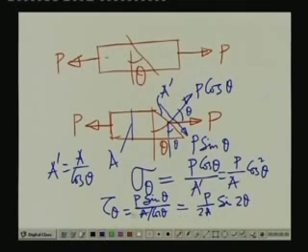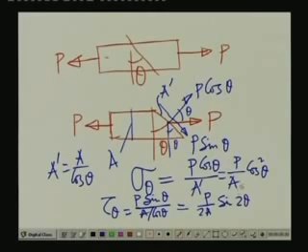So, the maximum value of sigma theta is when cos square theta equals 1, which leads to theta equals 0. And for sin 2 theta to be maximum, 2 theta is 90 degrees, so theta being 45 degrees is the maximum value of the shearing stress.